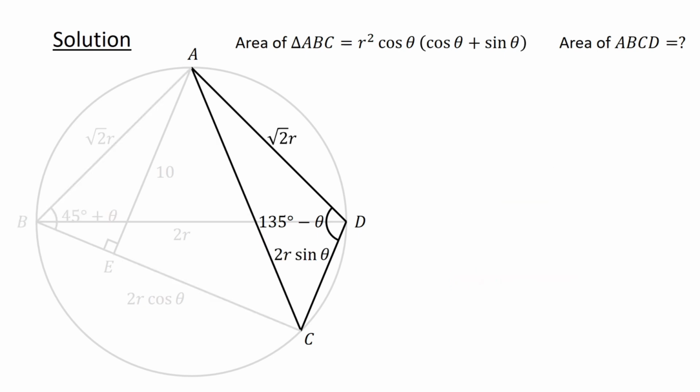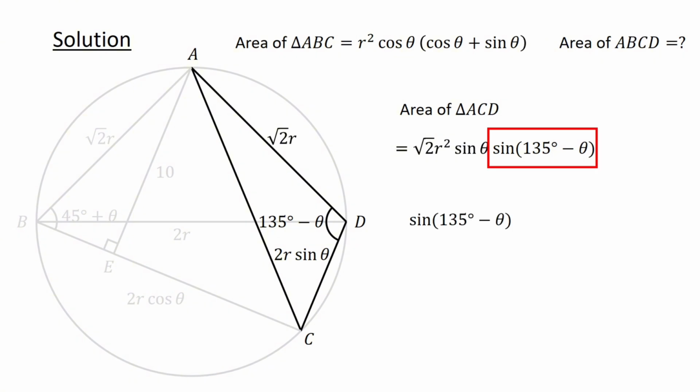Turning back to triangle ACD, the area of triangle ACD is then given by half times square root 2 r times 2r sine theta times sine of (135 degrees minus theta). 2 cancels out, so we obtain square root 2 r squared times sine theta times sine of (135 degrees minus theta). Let's expand sine of (135 degrees minus theta), giving us sine 135 degrees times cosine theta minus cosine 135 degrees times sine theta.